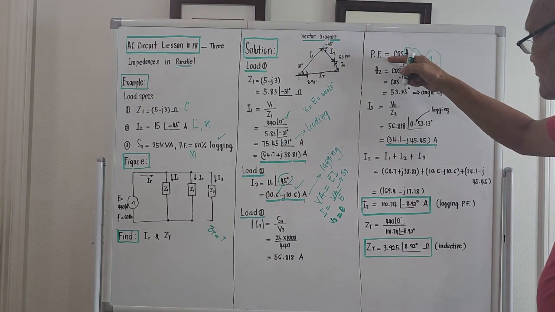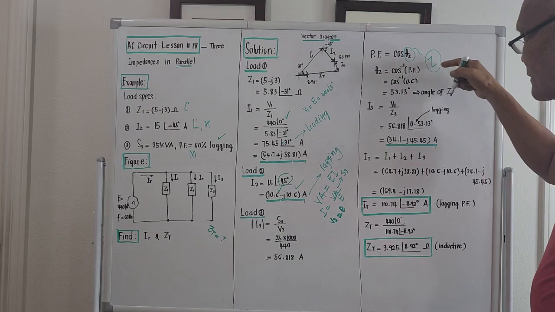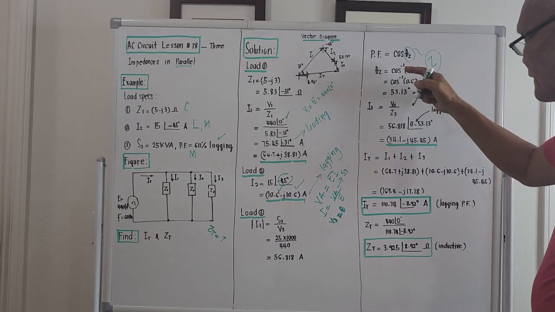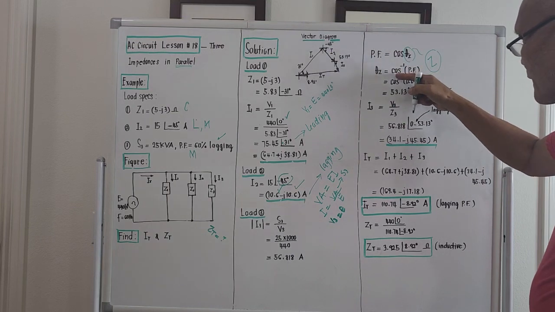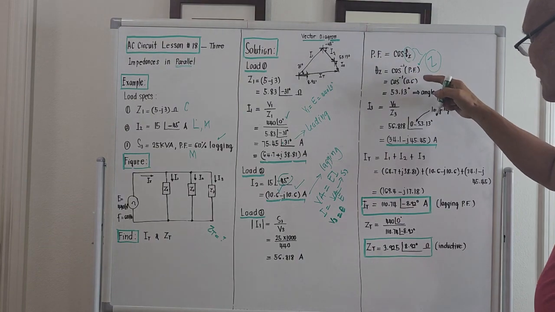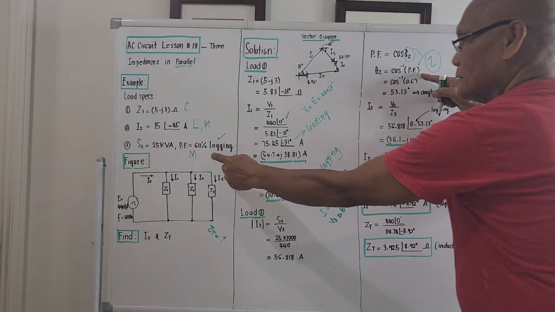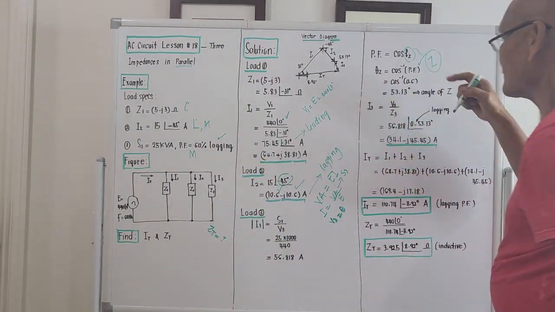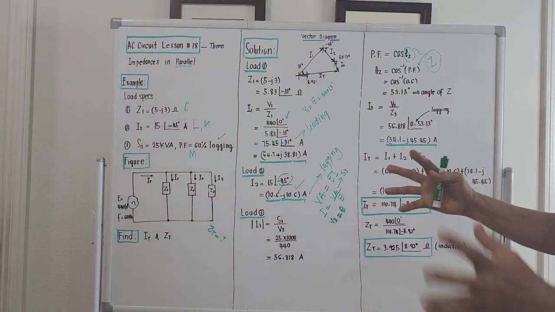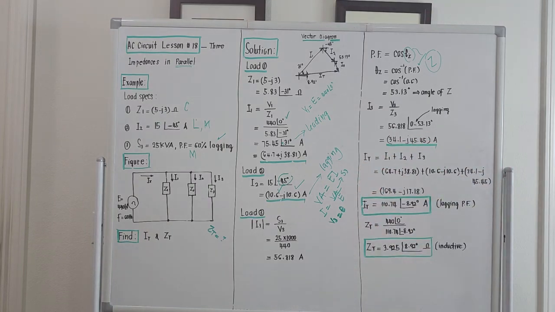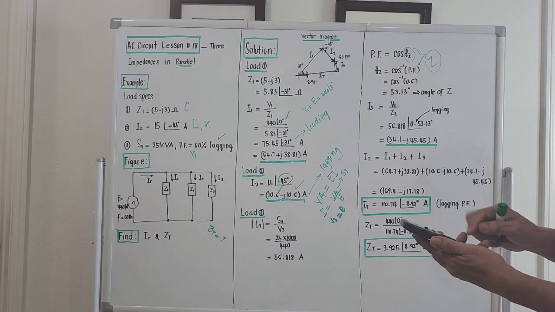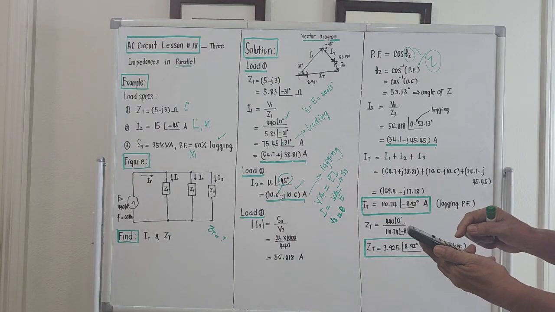So if you take the arc cosine of both sides, the arc cosine of cosine theta z will be theta z, and the arc cosine of the power factor is given 0.6, 60%, 0.6. So if you punch 0.6 and press arc cosine, it should give an angle in degrees. It should be 53.13 degrees. 0.6, second function, cosine.